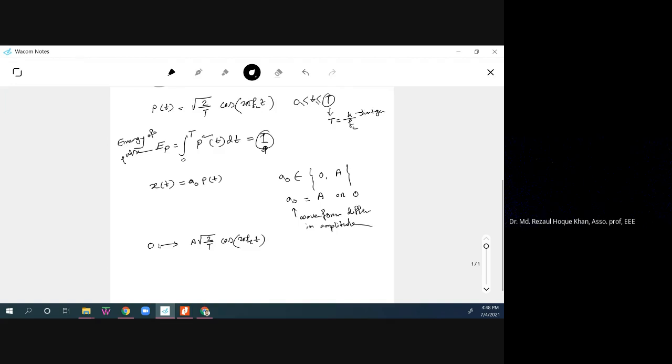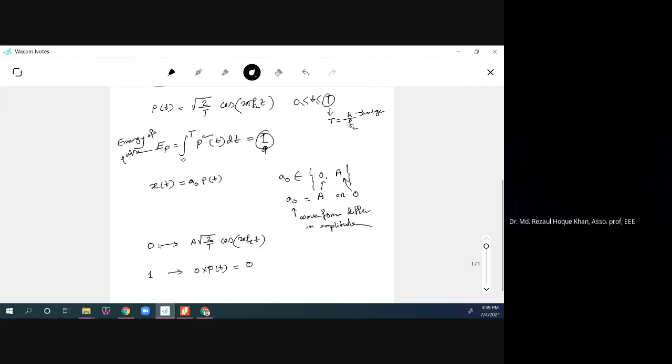For 1, it is 0 times p(t), which is actually 0.